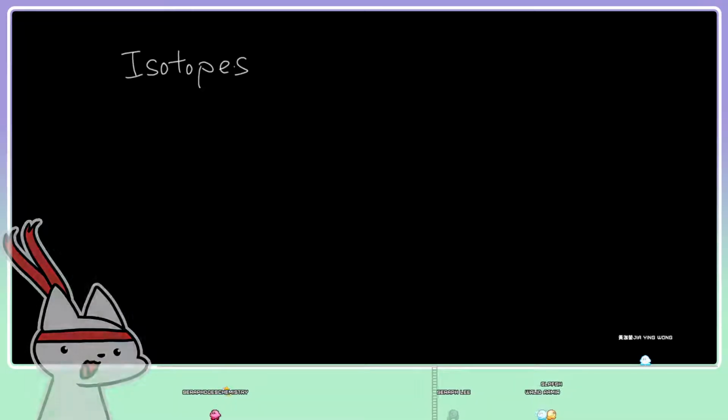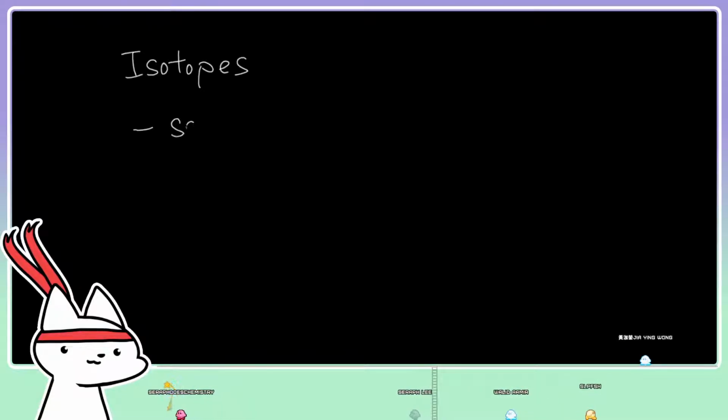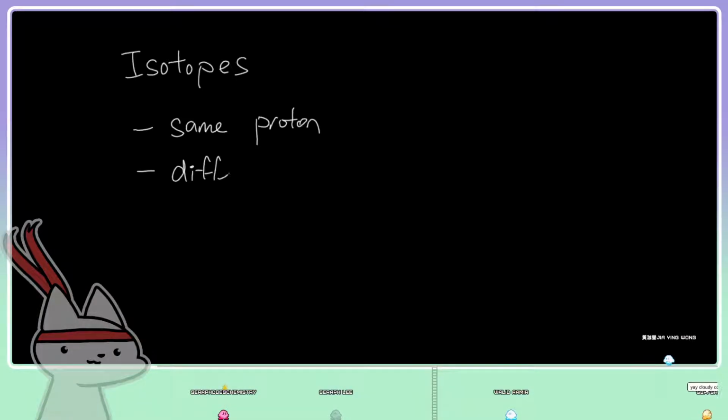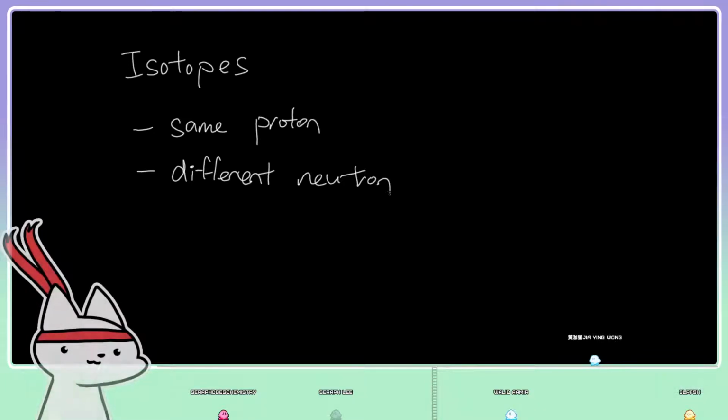For recap, isotopes are when you have the same proton but different neutron. For lower secondary, Sec 1 and Sec 2, ions' electrons will be the same.